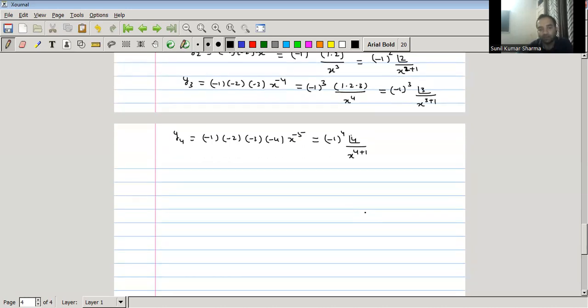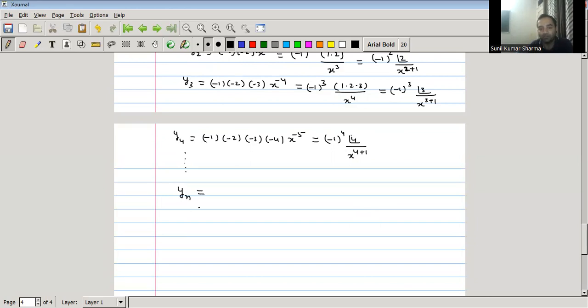Why do I write y4 or y3 or y2 in terms of (minus 1) to the power 4 into 4 factorial upon x power 4 plus 1, rather than x power 5? I used x power 4 plus 1 so that when we write the nth derivative, it becomes easy.